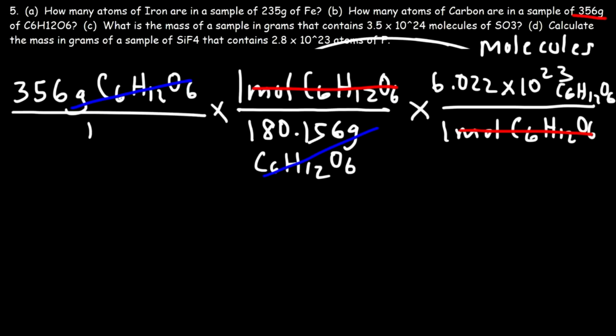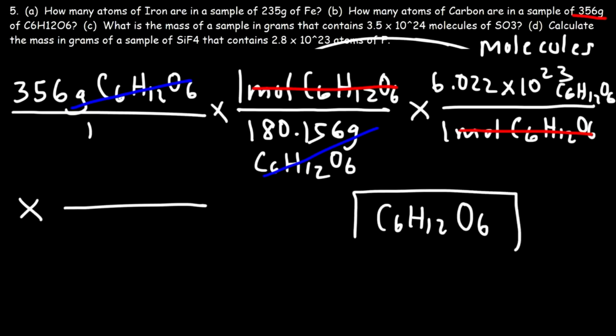Now the last step, to change the substance, we need to use the chemical formula of glucose. In other problems later in this video, we could use the coefficients of a balanced chemical equation to change the substance. And we'll talk more about that later. But for now, we need to use the formula of glucose, which is C6H12O6.